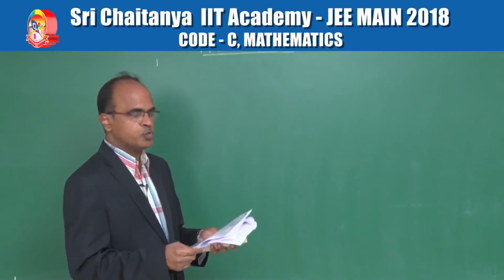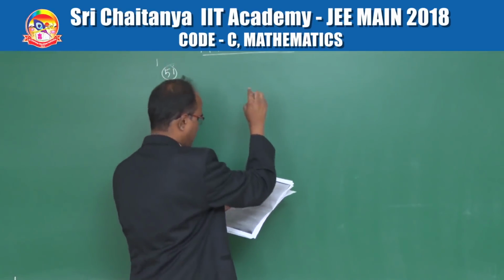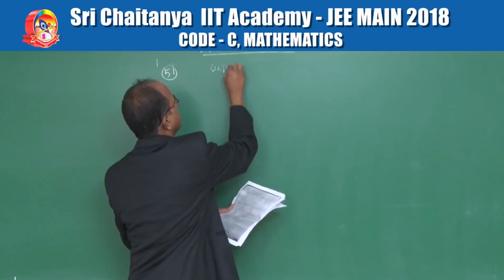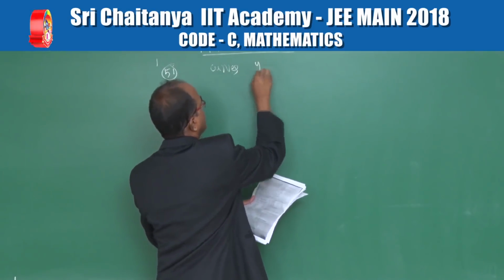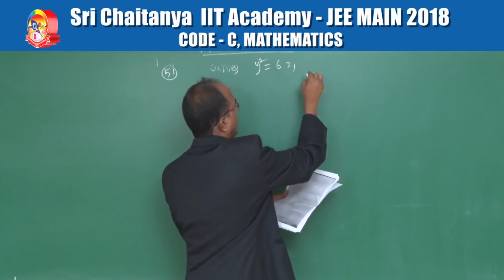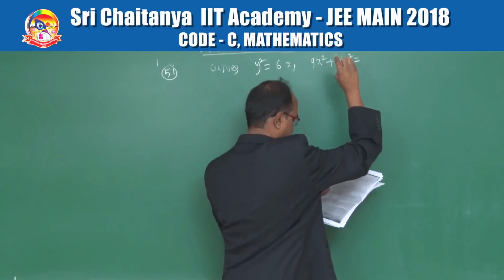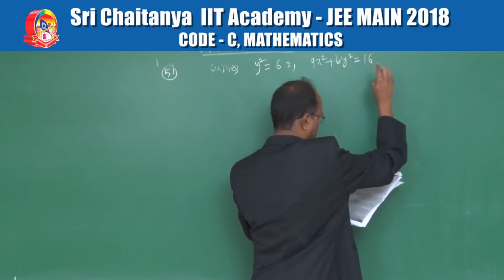We now discuss question 51. The curves y square is equal to 6x, 9x square plus by square is equal to 16.